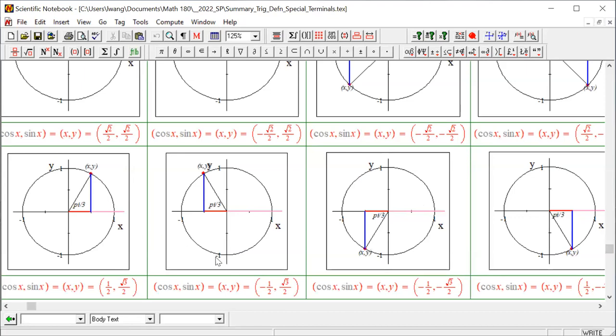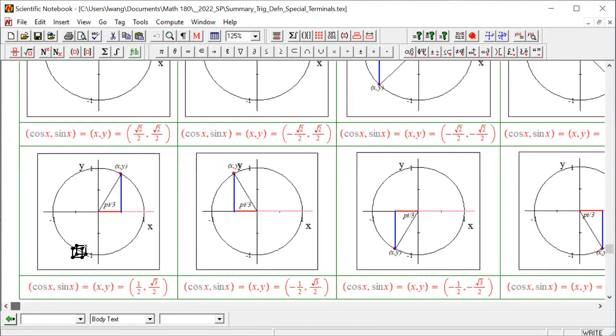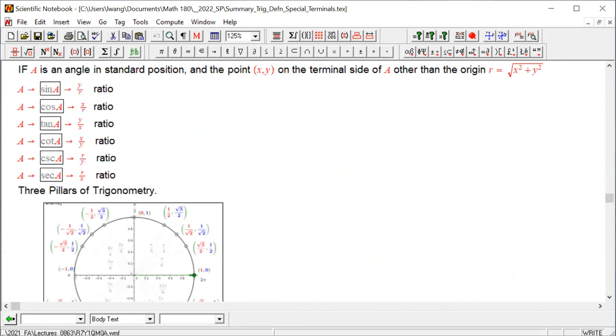In the case of pi over 3, we also have these 4 cases, and we had a detailed discussion about them, and you can find these coordinates on that unit circle we just showed you, right here.